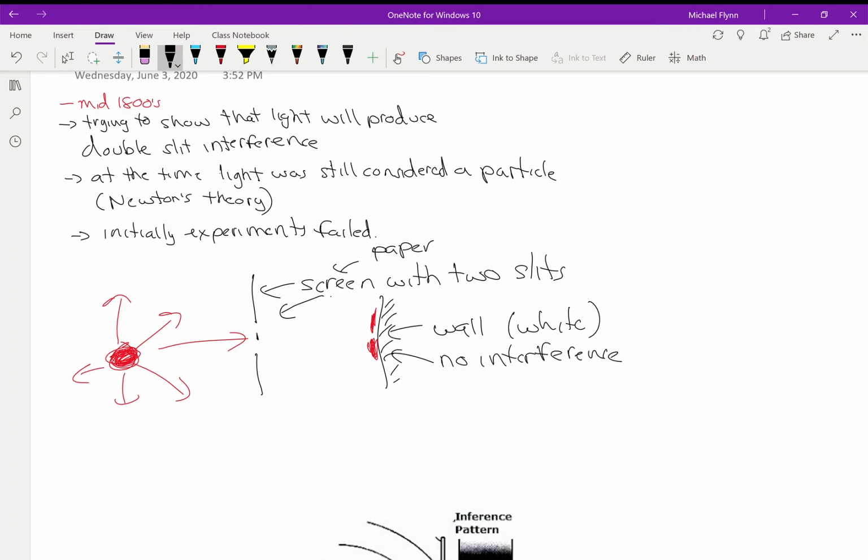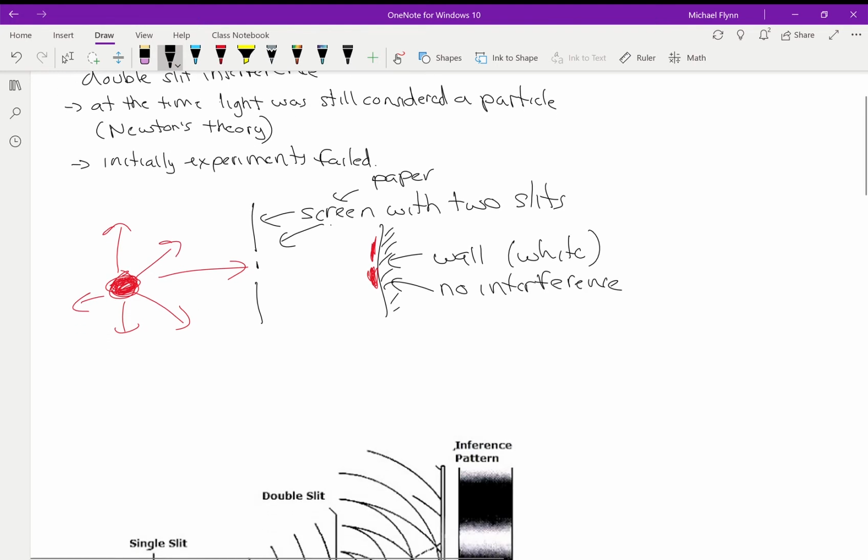You could see 50 bright and dark spots if the interference was working the way it's supposed to. We saw examples where you get 7 antinodes and 8 nodes or whatever, and that's happening through just 2 slits. So anyway, no interference was seen.